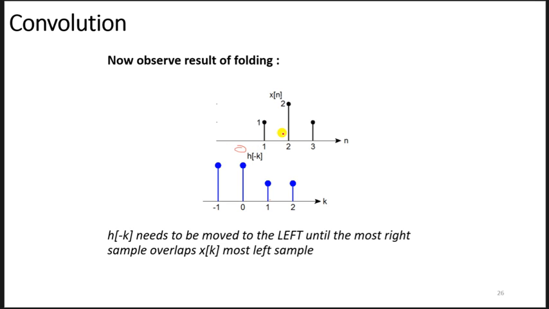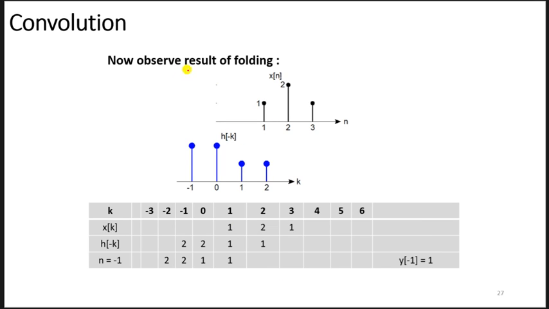Okay, so let's look at the table. After we folded, we moved to the right. But as you can see, there are signals that have not been completely multiplied. Actually all of these signals must be multiplied with all of XK.